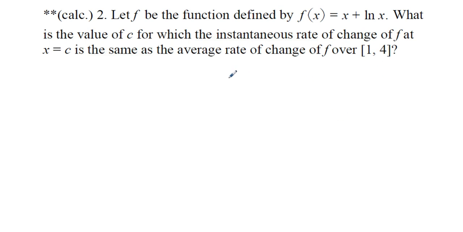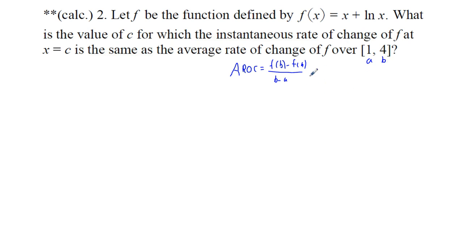Well, the first step is to find what our average rate of change is. So we have AROC is equal to f of b minus f of a over b minus a. And again, we have a is equal to 1 and b is equal to 4.